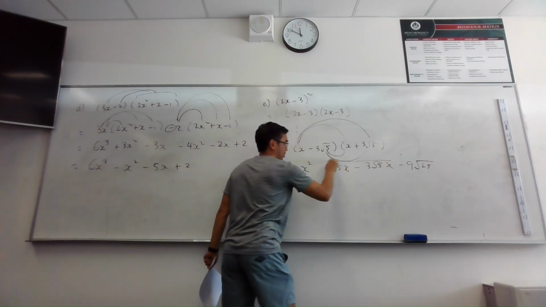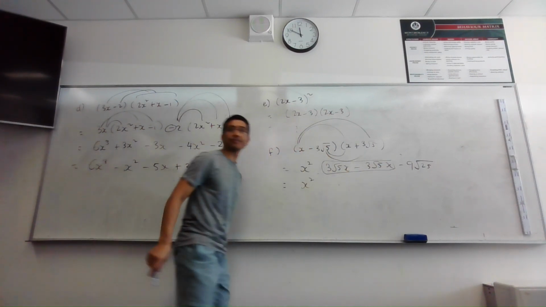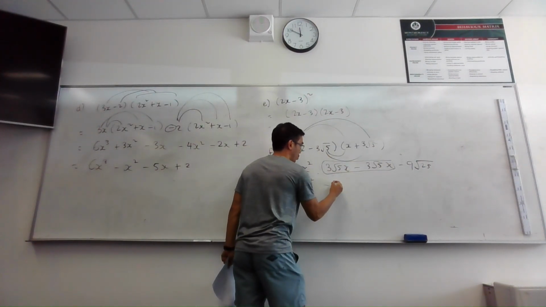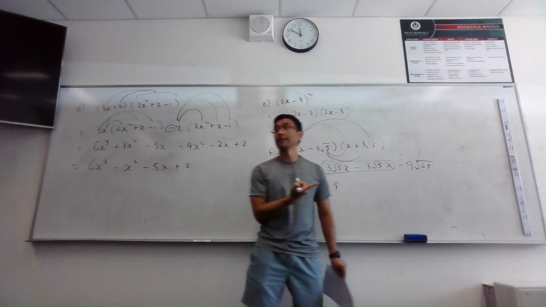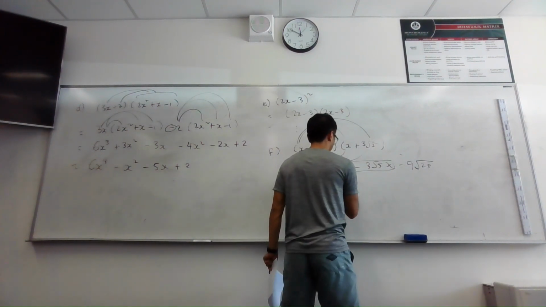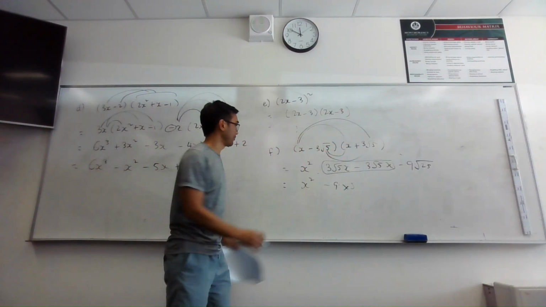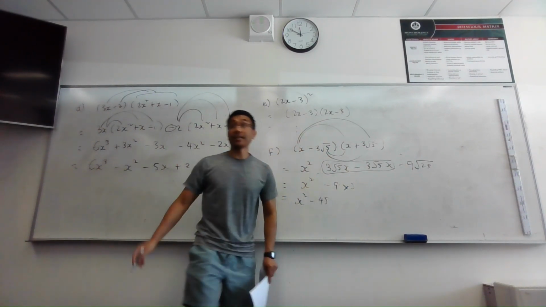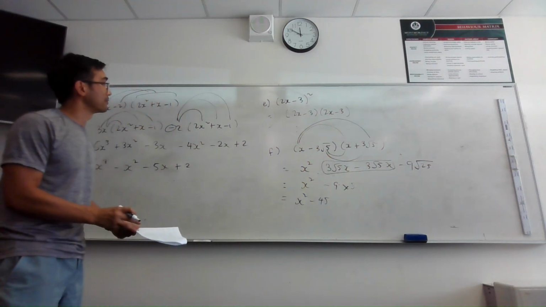What happens to these guys here? They cancel. They're gone. What is the square root of 25? It's a 5. We just change it to a 5. Final answer, x squared minus 45.